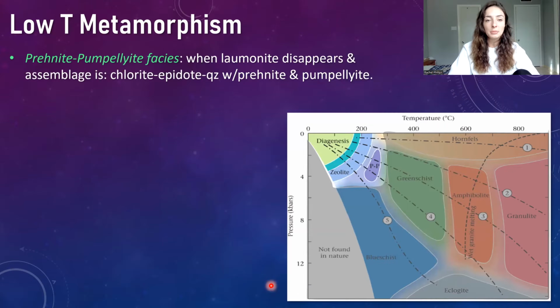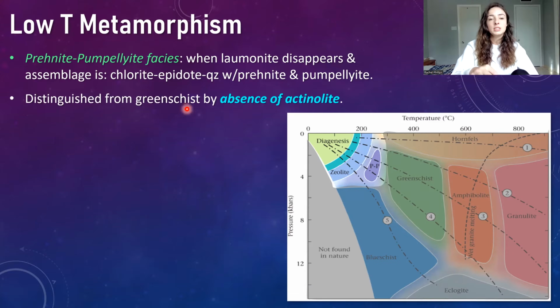Speaking of PNP, or the prehnite pumpellyite facies, this is basically when lawsonite disappears, or that high temp zeolite disappears, and the assemblage becomes chlorite, epidote, and quartz, with obviously prehnite and pumpellyite. And we can see the transition from zeolite to PNP is just an increase in pressure and temperature. And this facies is distinguished from the Greenschist facies by the absence of actinolite.